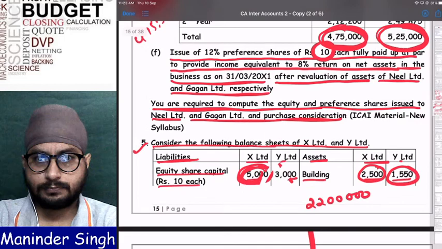Who is X limited here? Transferor or transferee? Transferee. Who is Y limited? Transferor. Now tell, will I take general reserve of transferee? Yes, sir. Will I take the general reserve of transferor?